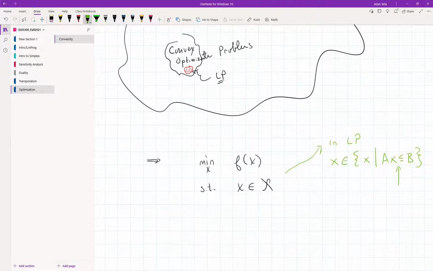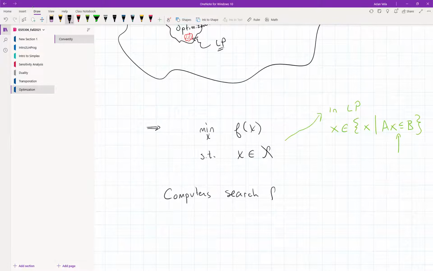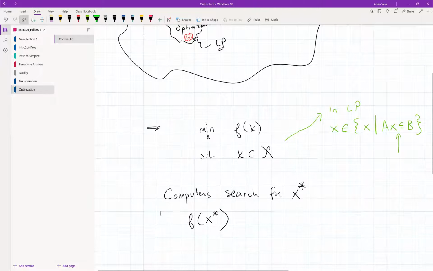Now, broadly, what happens when we're doing applied optimization is that computers will be asked to search for the optimal value. So they're trying to find this X star. And as a result of that, they can tell us also what the objective function is.